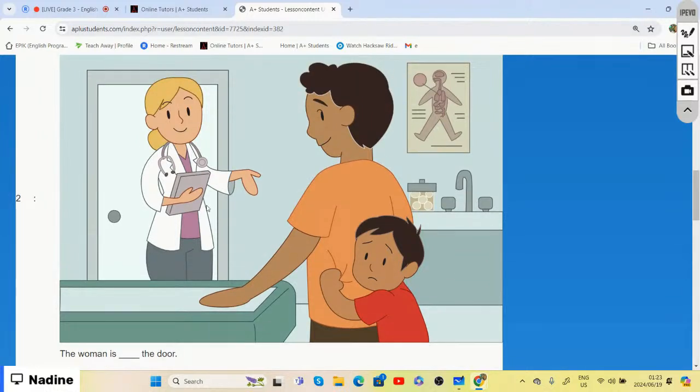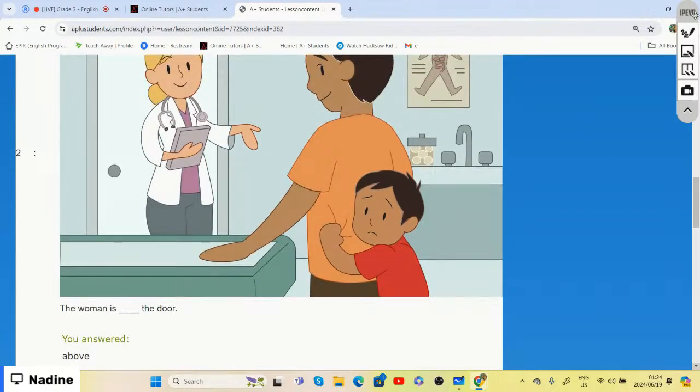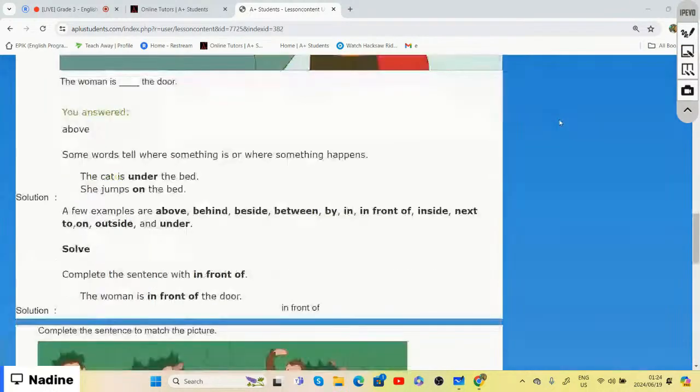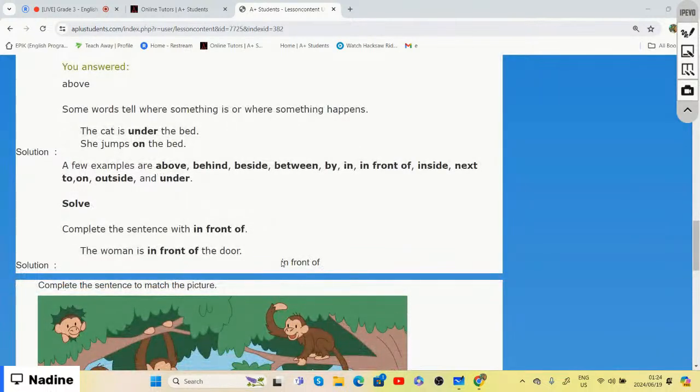Remember, above is something that is more like somewhere on top. All right, we can rather say that the lady is standing in front of the door. Above does not sit well over there because above is something to do with on top, and in front of is correct. The woman is in front of the door.